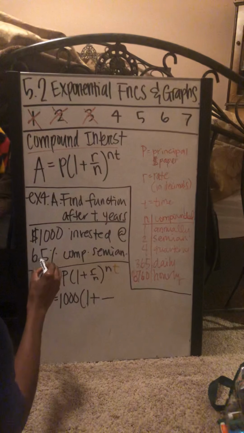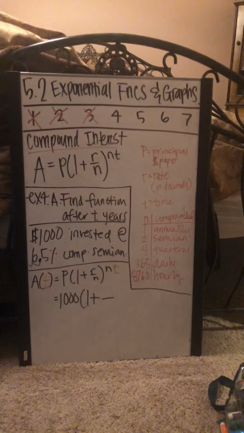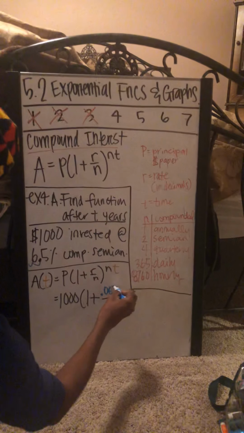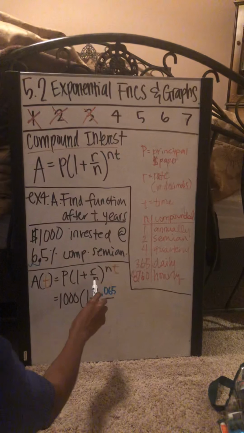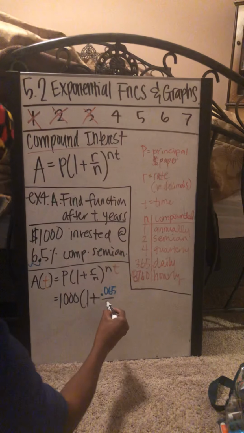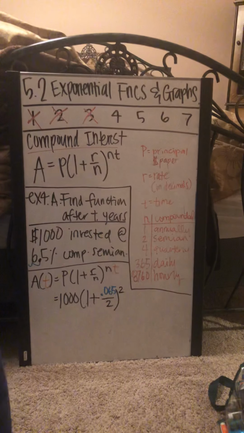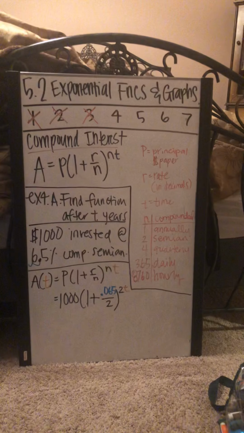It's percent, which means we have to change it to a decimal, and we move it 2 places to the left to make it a decimal, so it's going to be 0.065. And then N is our little chart. This is compounded semi-annually. Semi-annually means 2. And then we raise it to the 2t. Okay, so although this looks like the answer, it is not.